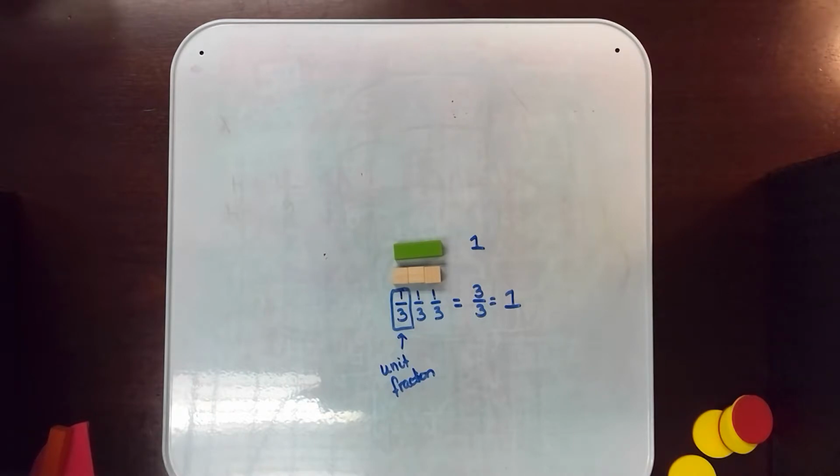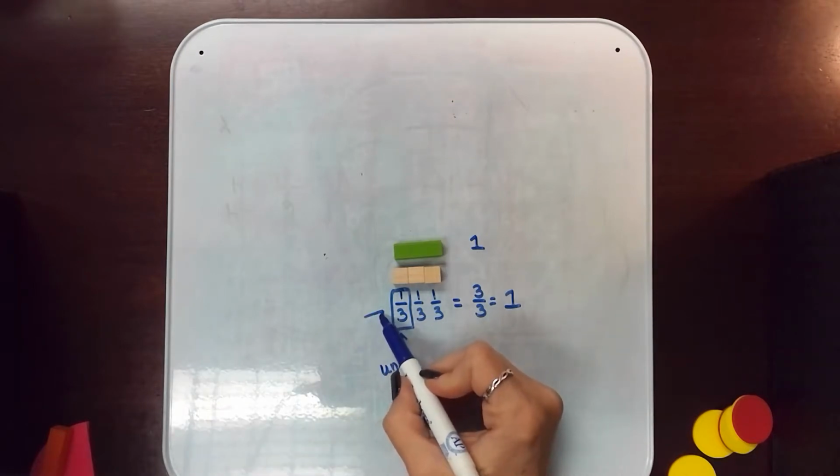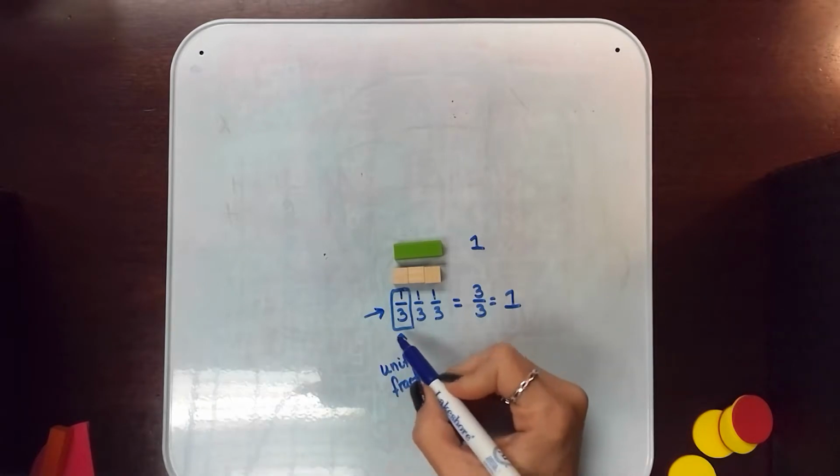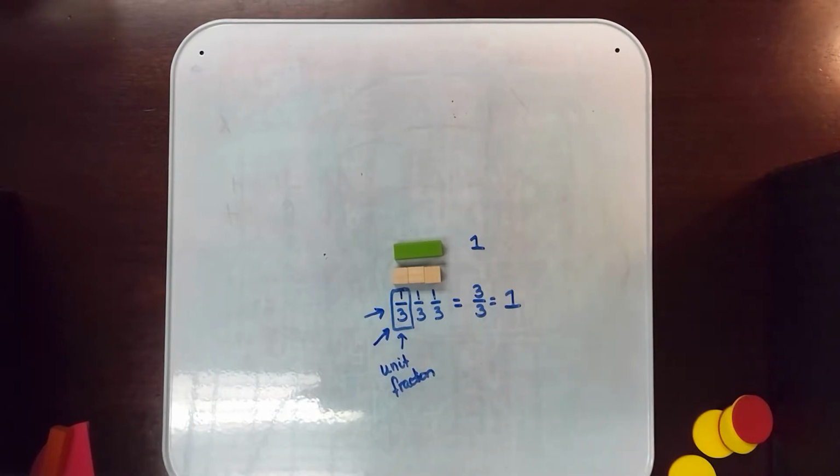So, on those first 3 days, as I said, you're going to use concrete models, you are going to use pictorial models, and you're going to teach students the symbolism for a fraction. You are then going to teach students the term unit fraction. And you really can do that all in the same lesson.